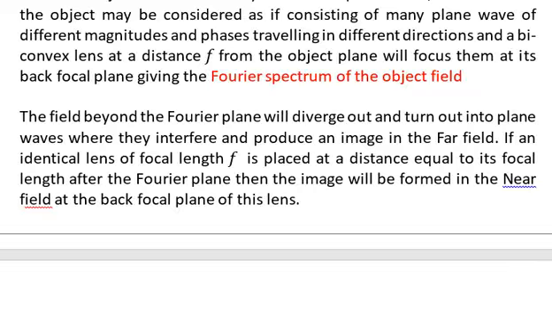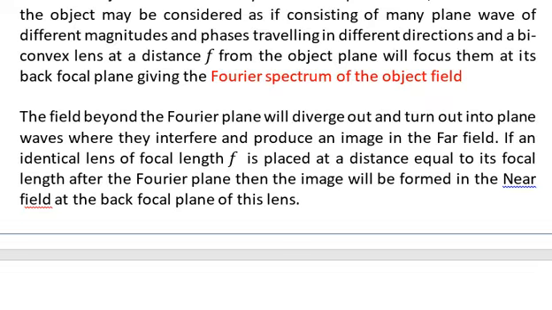So the field beyond the Fourier plane will diverge out and turn into plane waves where they interfere and produce an image in the far field. After the Fourier plane they will diverge out as spherical waves, and these spherical waves will interfere in the far field.